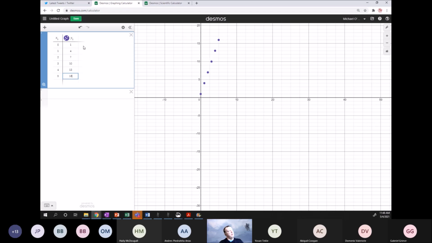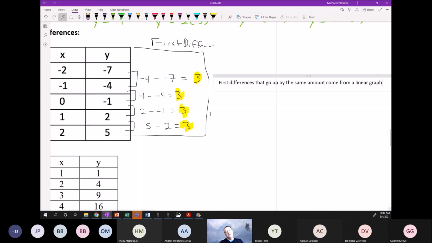And if I took the differences, 4 minus 1 is 3, 7 minus 4 is 3, 3, 3, 3. Does that make sense to everybody? Put a yes in chat if you understand. If I do the first differences and they're all equal, then it's a linear graph.